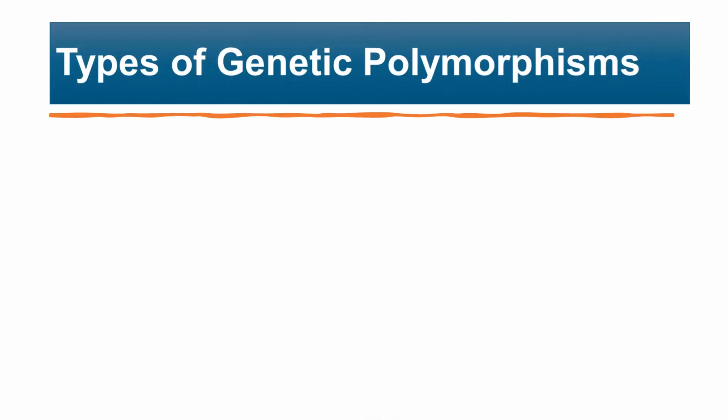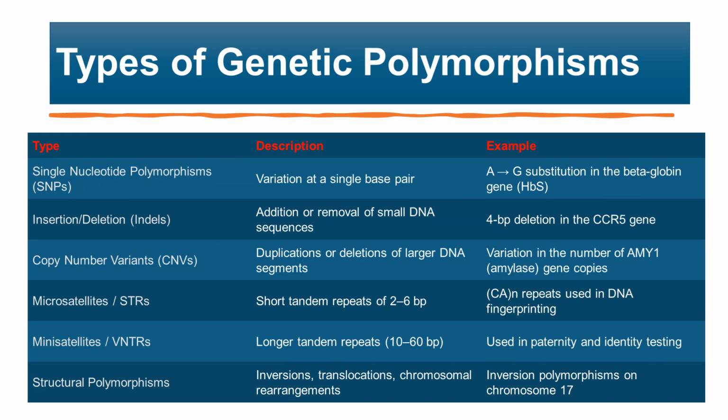Types of genetic polymorphisms. Type, description, example. Single nucleotide polymorphisms, SNPs: variation at a single base pair, e.g., A to T substitution in the beta-globin gene, HbS. Insertion/deletion, indels: addition or removal of small DNA sequences, e.g., 32 bp deletion in the CCR5 gene.